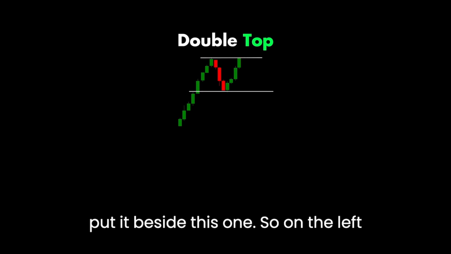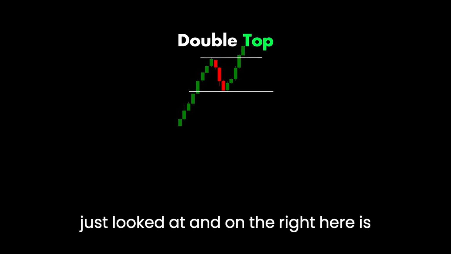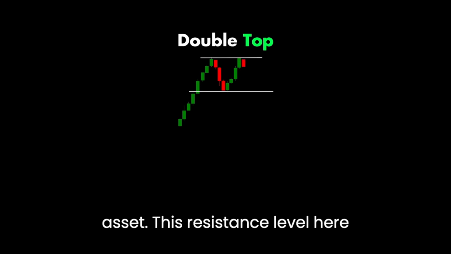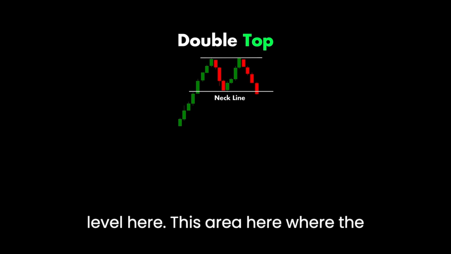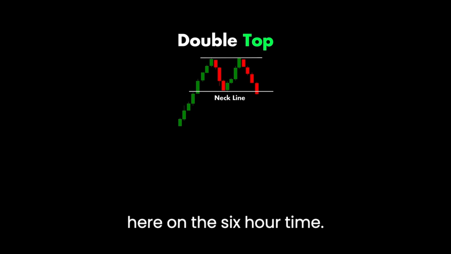So on the left is the daily time frame we just looked at, and on the right here is the 6-hour time frame of the same asset. This resistance level here is the same resistance level here. This area here where the candlestick formed is the same area here on the 6-hour time frame.